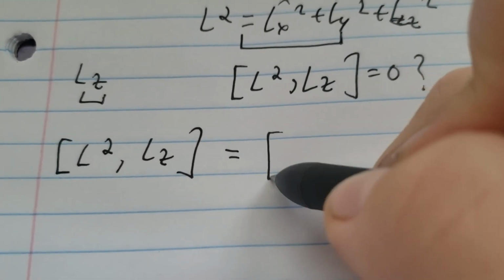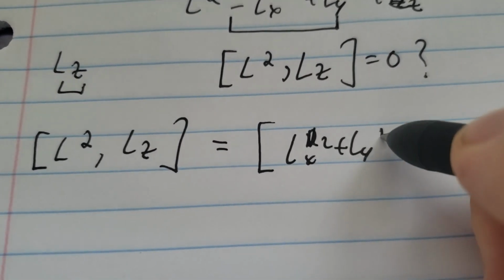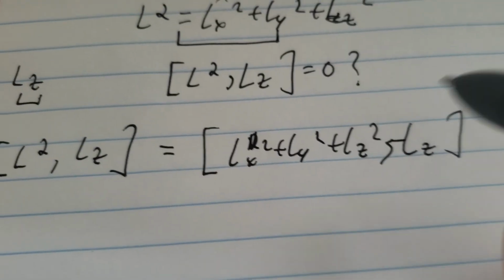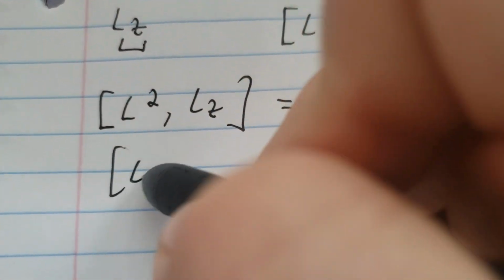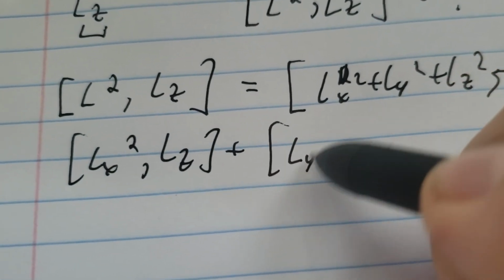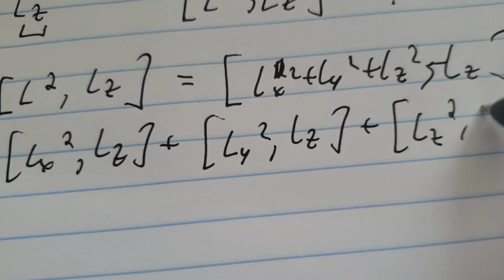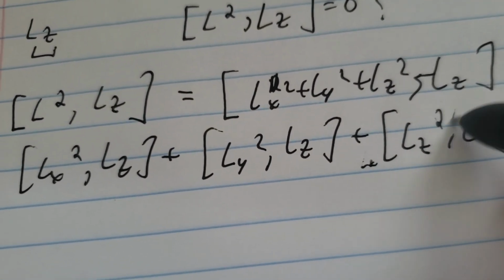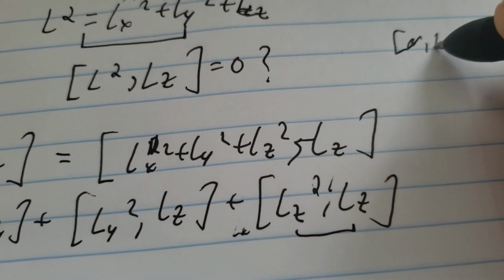Well, we've defined L squared as Lx squared plus Ly squared plus Lz squared, and commuted with L sub z. Well, we can break this into a sum. The Lz squared term is just 0, because that's just L sub z with itself.